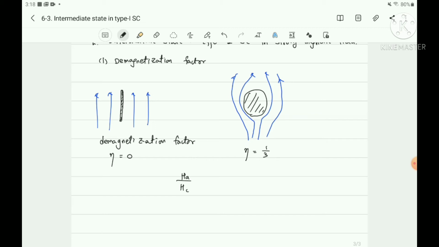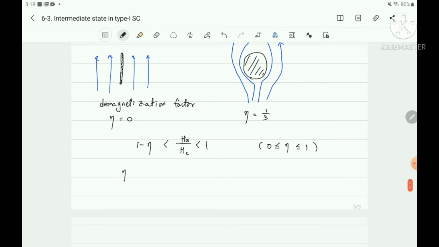HA over HC is always less than 1 in order to have the superconducting state. If the applied magnetic field is greater than the critical field, it is not a superconductor, but a normal state. Therefore, it should be less than 1. But in this case, we should consider only the demagnetization factor, which is a fractional value less than 1.